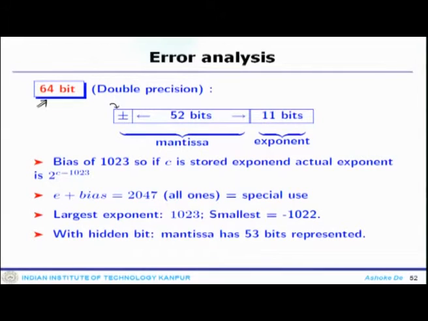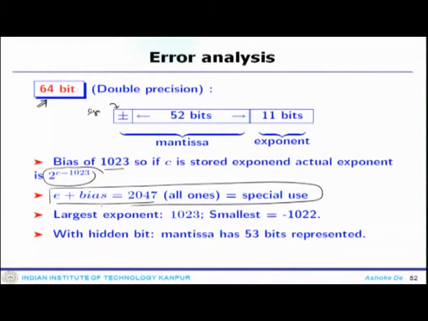Now, when you go to the 64 bit precision, or rather double precision system, 1 bit is again assigned for the sign, 52 bits assigned for mantissa, 11 bits for exponent. So, the bias is 1023. So, if C needs to be stored, the actual exponent is 2 to the power C minus 1023. In mathematical terms, E plus bias is 2047.